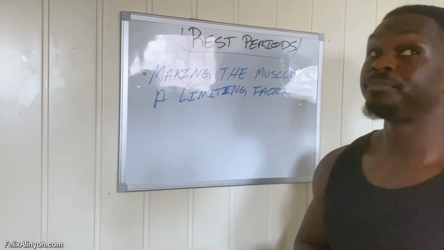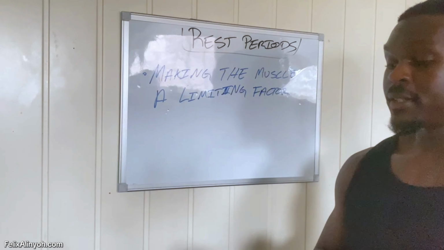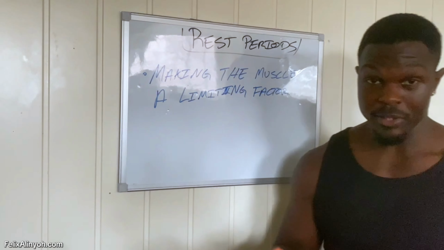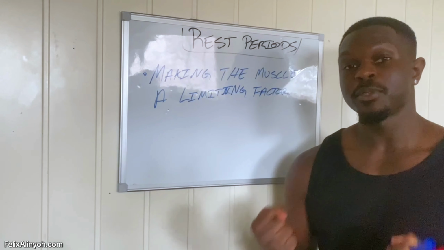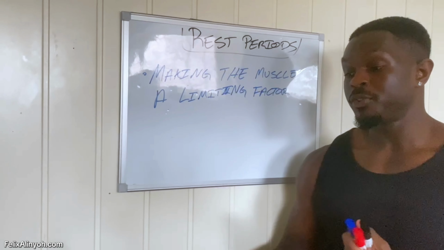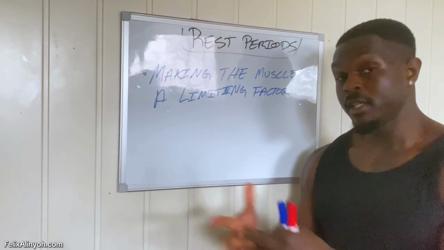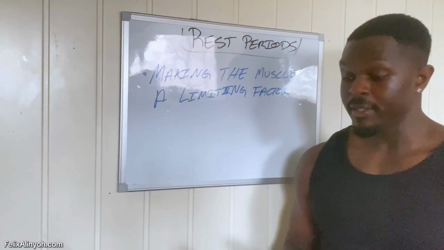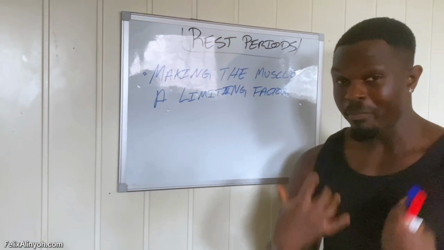What does that mean? Let me slow down here and explain to y'all properly. Let's say you're doing biceps curls. You get to your 1 to 3 RIR, you're close to failure, and you feel it. But your whole body doesn't feel it.